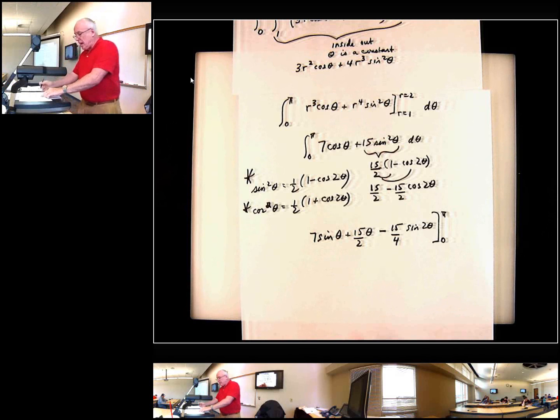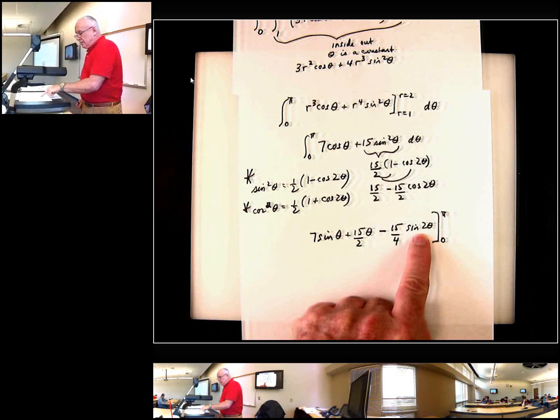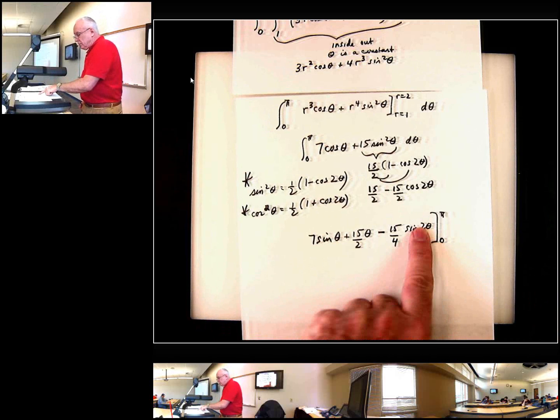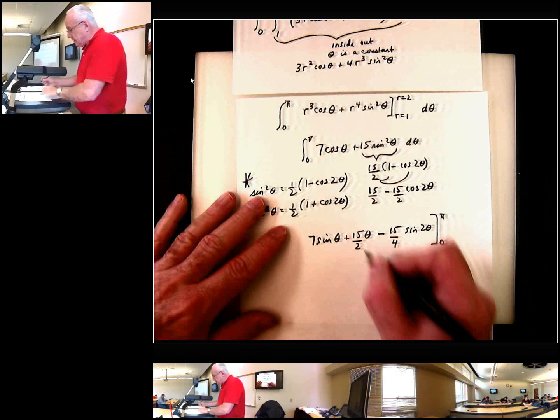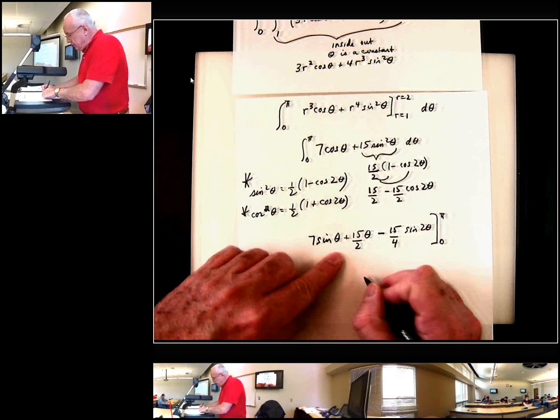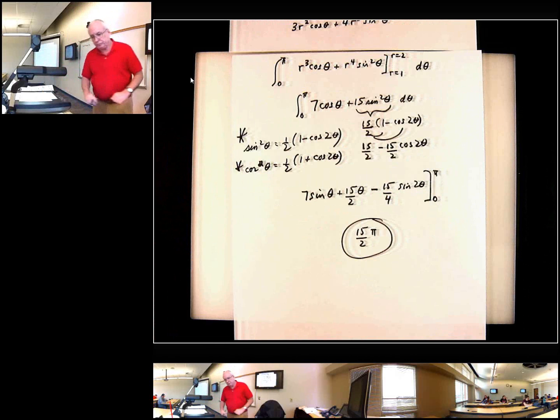Because the sine of pi is 0, sine of 2 pi is 0, sine of 0 is 0. The only thing that sticks around is 15 over 2 times pi, and that's our answer then.